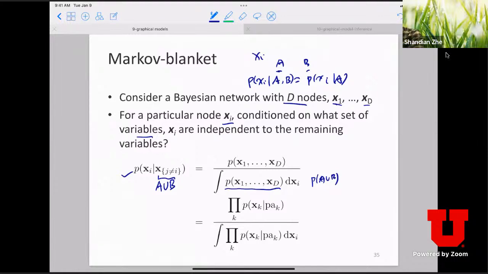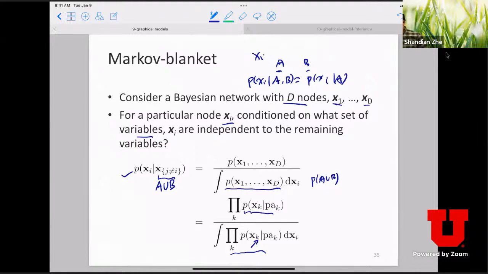According to the Bayesian network structure, we know that the joint probability is decomposed as the product of a series of conditional probabilities, and similarly in the integral, the marginal distribution. So you can imagine for any conditional probability term, as long as Xi appears in it, all the other variables which coexist in this conditional probability are coupled by Xi, because you're going to integrate over Xi.